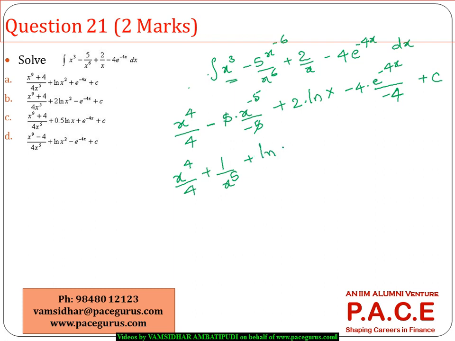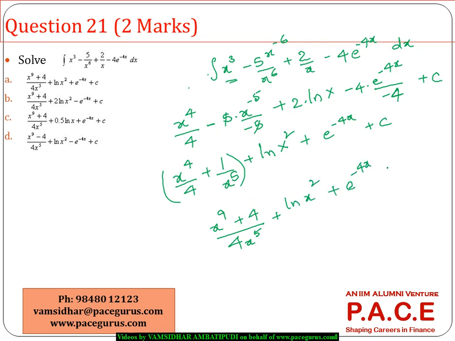Again using the formulas, 2 log x is nothing but log x squared. Again minus and a minus will go off, so this becomes a plus e power minus 4x plus c. And just a quick simplification between these two terms gives me x power 9 plus 4 by 4x power 5, just matching it with the answer choices, plus log x squared plus e power minus 4x plus c.